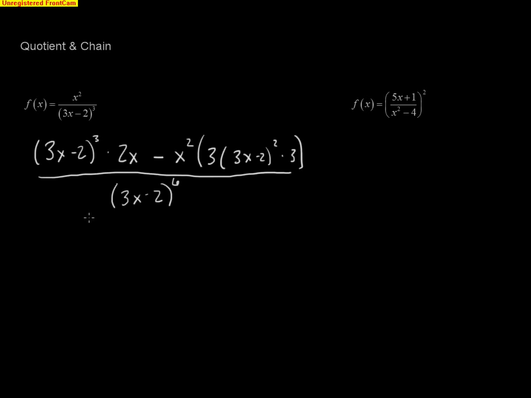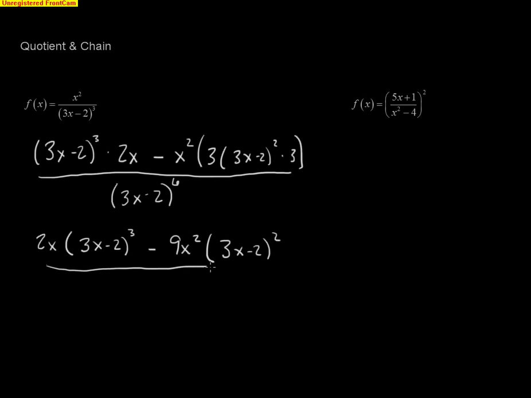Okay, so some algebra to clean this up. We'll have a 2x. We'll have the 3x minus 2 cubed minus a 9x squared with a 3x minus 2 squared all over 3x minus 2 to the 6th.